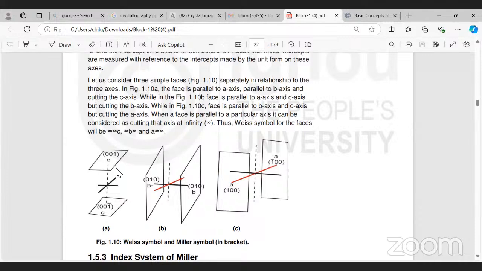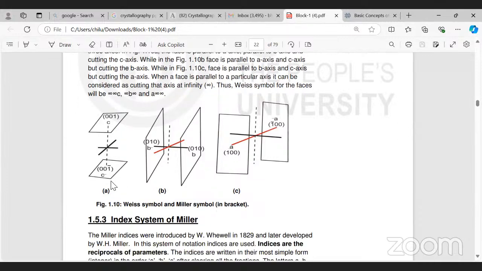Suppose you're imagining this is one crystal. Just imagine that one crystal, and through this crystal, maybe this is one line and this is one line.